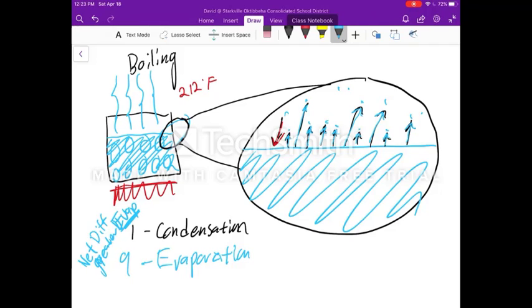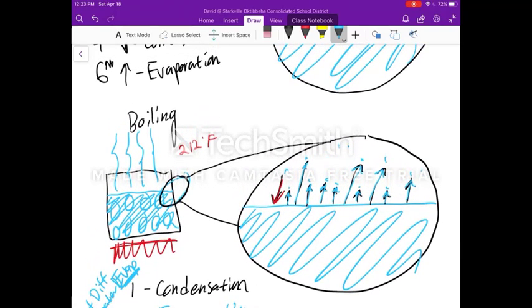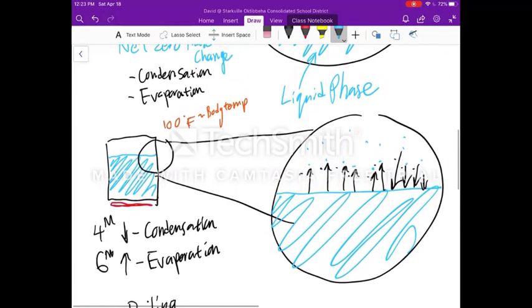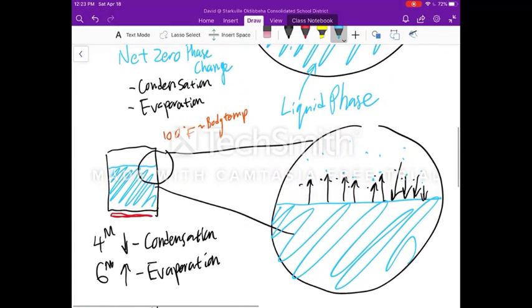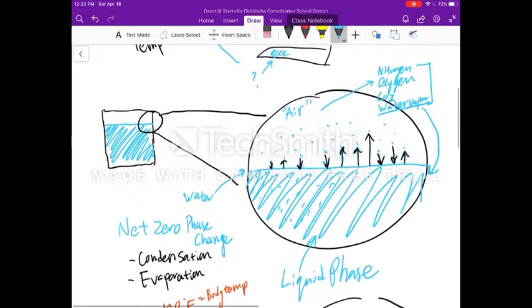And so that's why, when we're at the boiling point, we actually see the evaporating water molecules. When we're in the middle between room temperature and boiling point, we really don't see how many molecules are leaving, because there's so many returning.